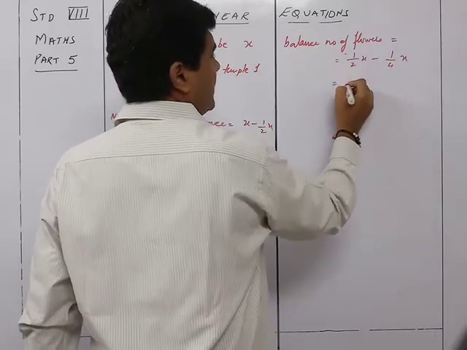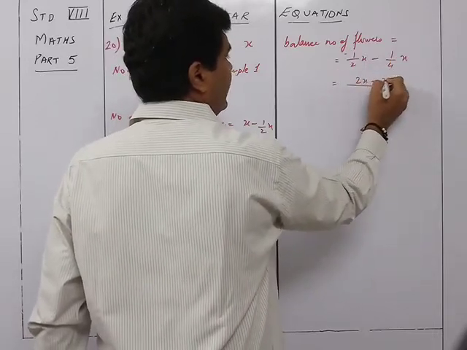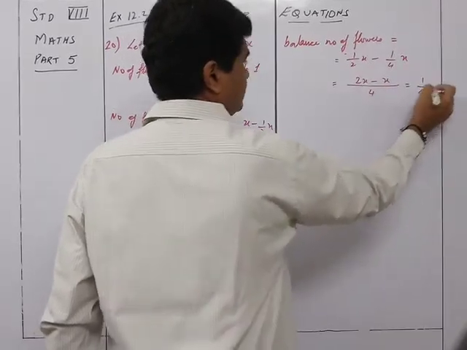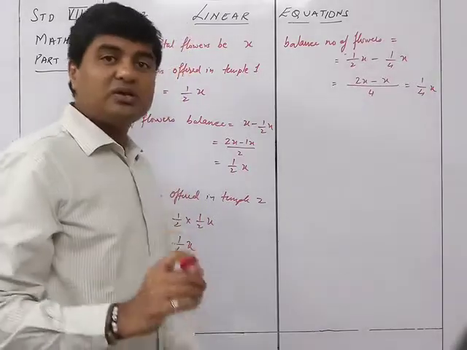The LCM over here will be 4, so 2x minus x upon 4, that will be equal to 1 upon 4x. So the number of balanced flowers now is 1 upon 4x.